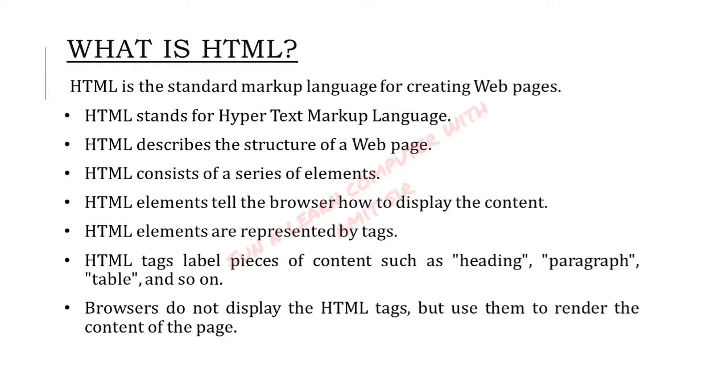HTML tags label pieces of content such as heading, paragraph, table, and so on. Browsers do not display the HTML tags but use them to render the content of the page.